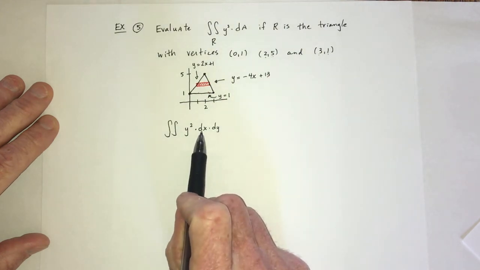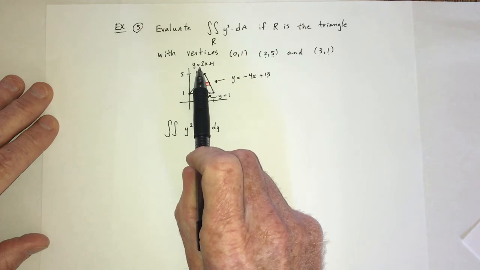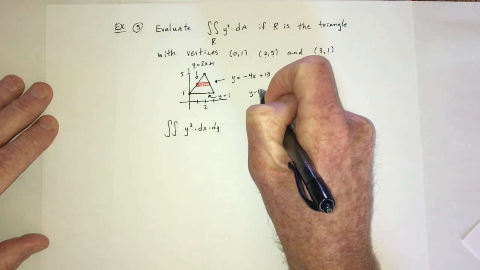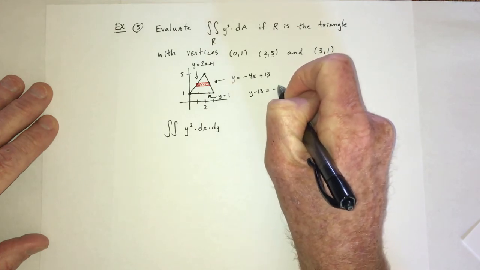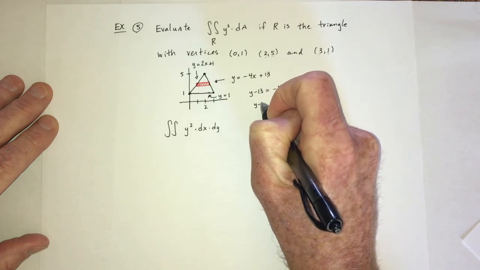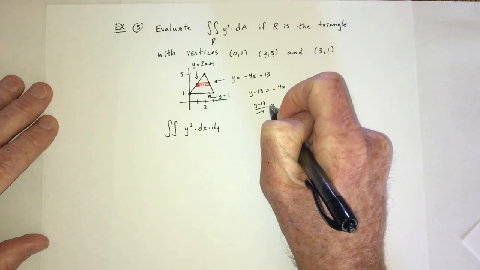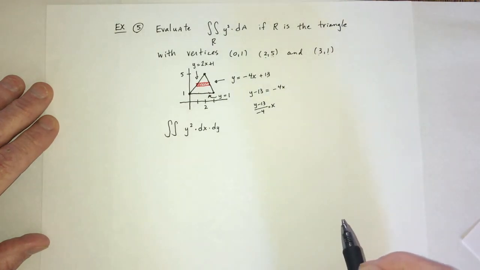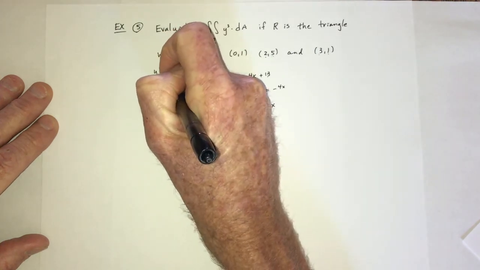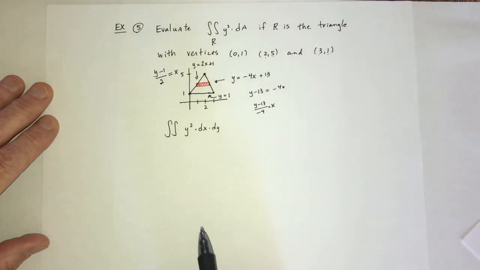Now this means we need to know what x equals. So for each one of these, we'll need to solve for x. So I would have y minus 13 equals negative 4x, or y minus 13 divided by negative 4 is what x equals. And for this one, it's going to be y minus 1 divided by 2, and then that's what x equals.